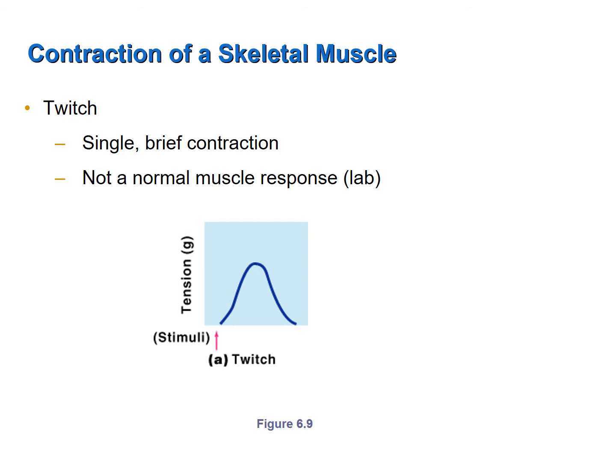So that is what occurs during a twitch. You have this very fast increase in tension and then drop in tension in response to a single brief electrical stimulation. I want to be clear that twitches do not occur normally. This is something that's being produced in a lab.